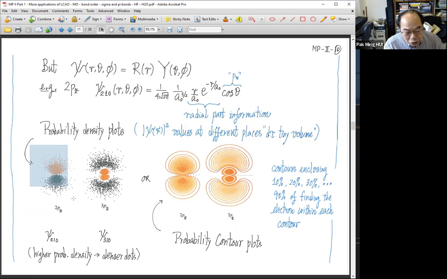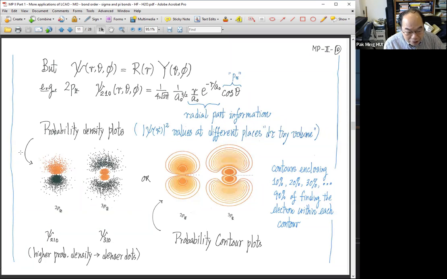In a big picture way, they look more or less the same, but you see this lowering of probability, string down, there's a very white region here, meaning very little probability, and then farther away, you have probability again. Okay, that is the node in the 3s wave function, in the radial wave function.